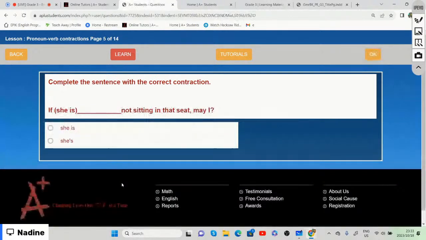If she is not sitting in that seat, may I? Is it she is or is it she's? We need to find the correct contraction. She is or she's.